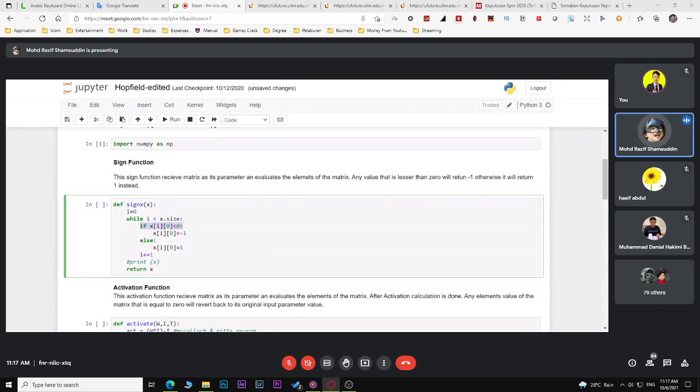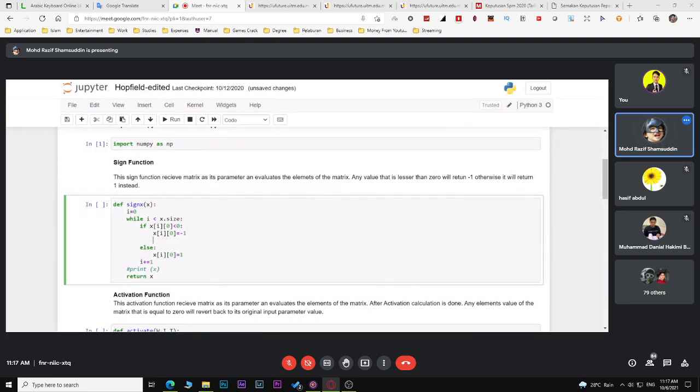Lepas tu kalau dia kosong kan, sekejap, kita kena tambah dari situ. Kalau ni sama dengan kosong kan, saya tambah lah.